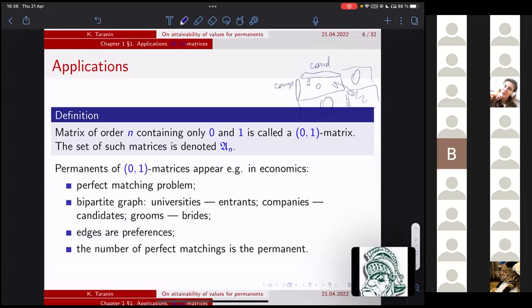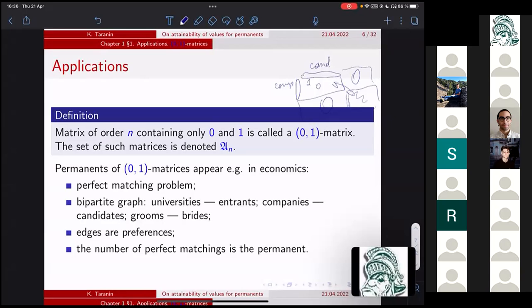It depends on whether m is greater than n or n is greater than m. So the solution of this problem exists if and only if the permanent of this matrix is above 0. And the number of solutions is actually the permanent itself.